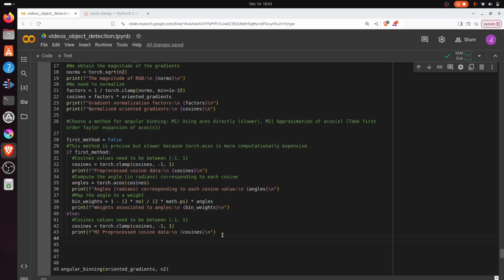We know from calculus the formula of the Taylor series expansion, and we're just going to focus on the first derivative. So we are just going to be working with the function f of a and f prime of a times x minus a.